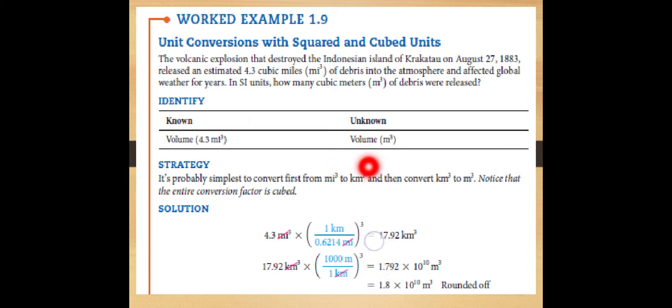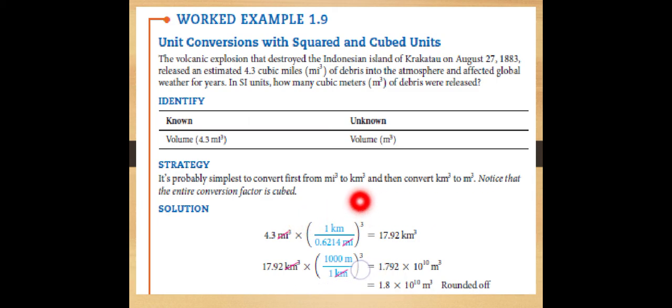So this conversion factor is cubed, and the mile in the denominator becomes mile cube, and kilometer becomes kilometer cube. This mile cube cancels, and when we divide these both terms we get 17.92 kilometer cube.